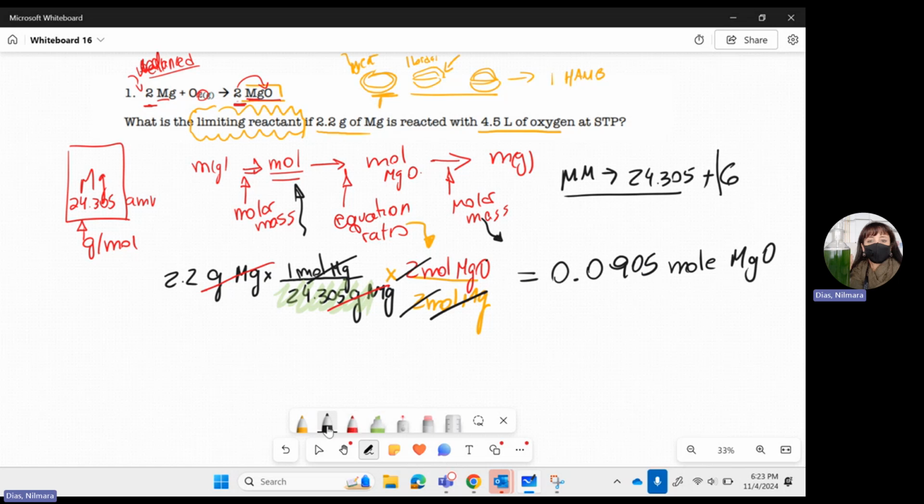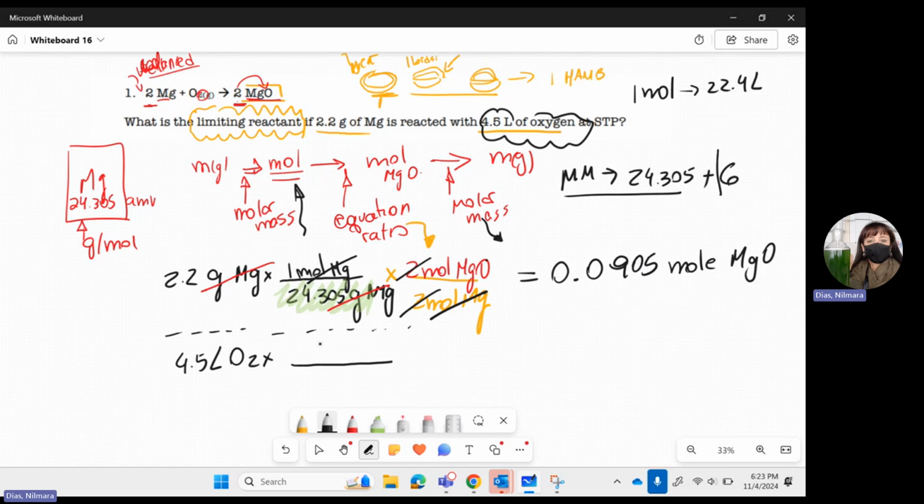So now let's see what we have here with the oxygen. I have liters. Remember, 1 mole of any gas corresponds to 22.4 liters. So I have 4.5 liters of oxygen and I want to convert this to moles. I know that 1 mole of oxygen will occupy 22.4 liters.